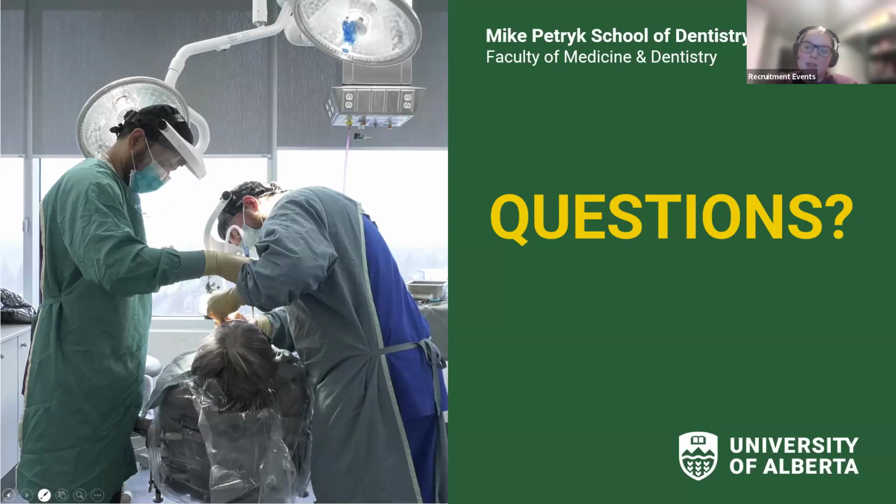And then in terms of the DDS program, does the U of A prefer to take students who did their undergrad at the U of A over ones that did their undergrad or requirements at another institution? That's a great question. So we don't have a preference for any particular institution, for U of A or otherwise. We just are looking to see whether you meet the requirements of the program, and just calculating your GPA from there.